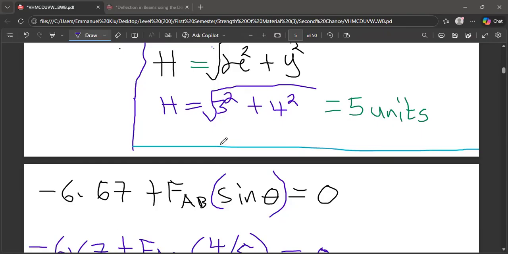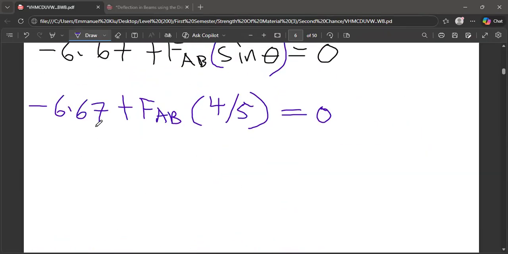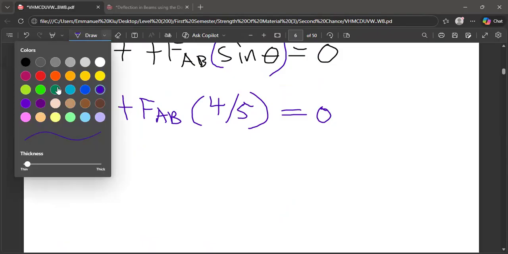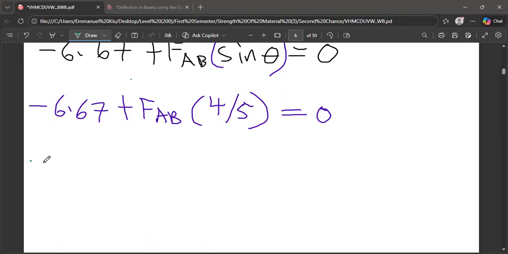So I'm going to rewrite it again. So this is now finally going to become negative 6.67 plus FAB, and I put it into brackets 0.8.